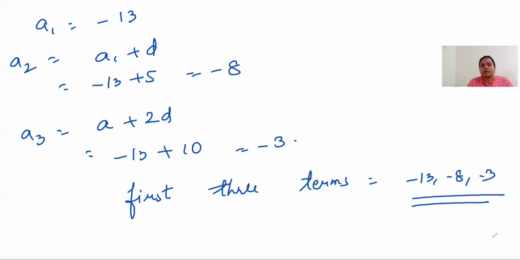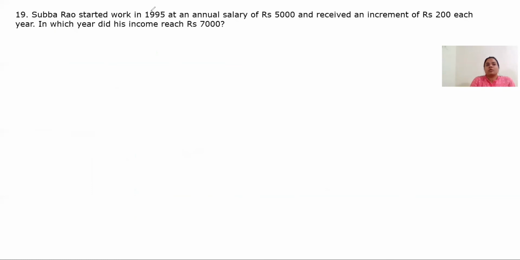Okay. Next question. Subba Rao started work in 1995 at an annual salary of rupees 5,000 and received an increment of rupees 200 each year. In which year did his income reach rupees 7,000? So in the first year the salary was 5,000.